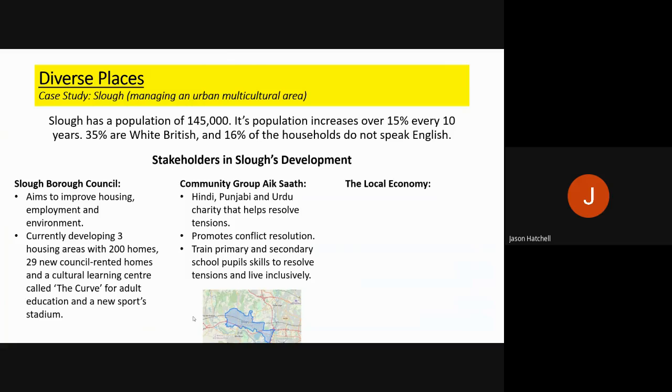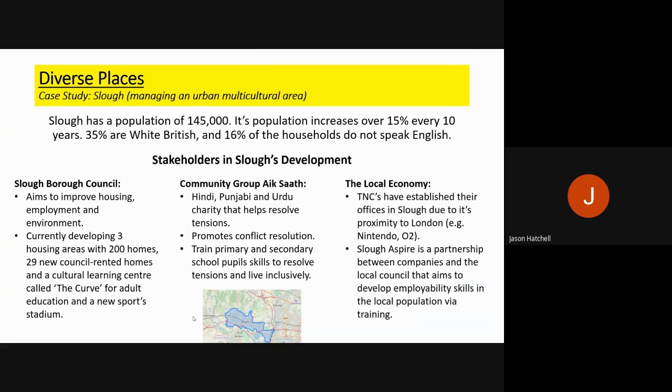And finally, the local economy. So TNCs have played a major role in Slough and its economic success. TNCs have established their offices in Slough, and they're things like Nintendo, O2, Mars Bar, and so on. Slough Aspire is a partnership between companies and local council, and that aims to improve the employability and skills of the local people by training them up.